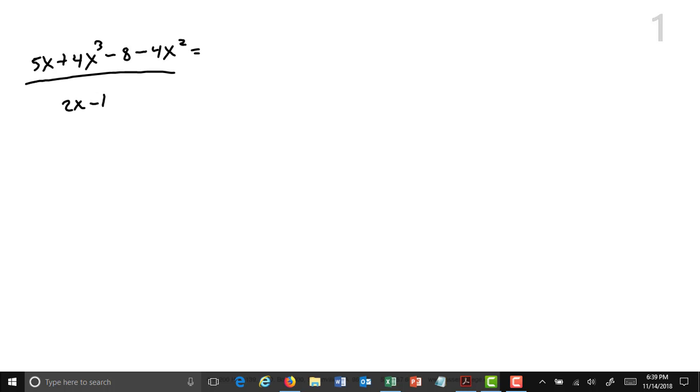Okay. Now, the first thing you have to do is figure out which one's going to go in the division box. Remember, it's the top one. So I'm going to put a division box here, but I'm going to order these by the highest powers. So what do I have first? 4x to the 3rd power.